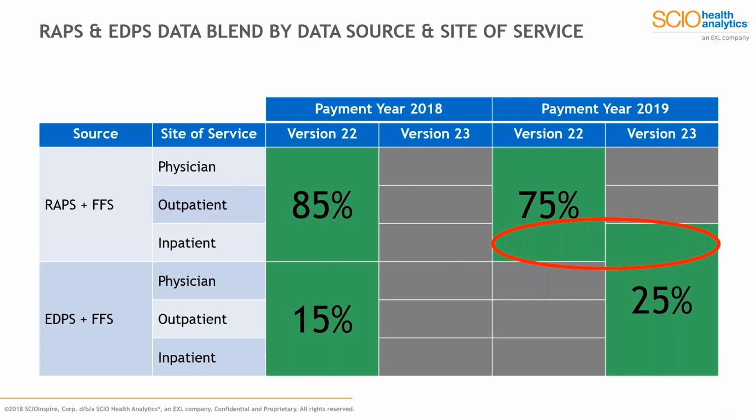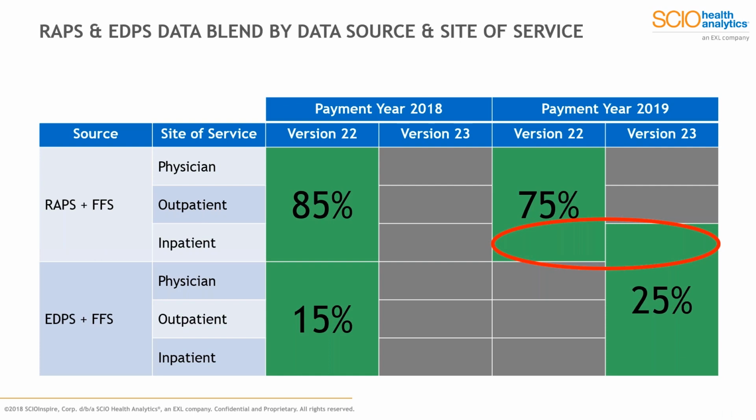So again, 75% from version 22, 25% from version 23, and that's going to increase as time goes on, which means we're going to be moving away from the RAPS and fee-for-service to EDPS and fee-for-service, and we can only hope that they continue to take inpatient from RAPS as we move forward. And CMS has given us information we'll look at in a moment on the next slide about why they did this for this transition.